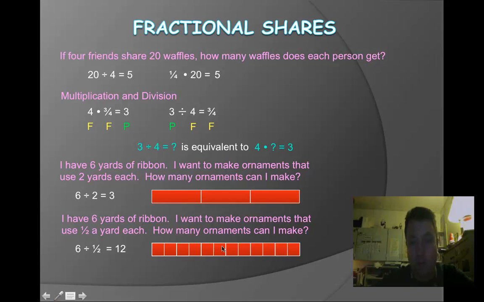So I've got 12 equal parts in that ribbon now. So 12 times 1/2 equals 6, or 6 divided by 1/2 equals 12. That falls into that factor, product, or product, factor, just like we see up here.